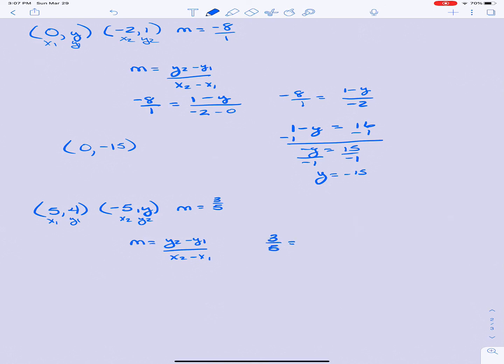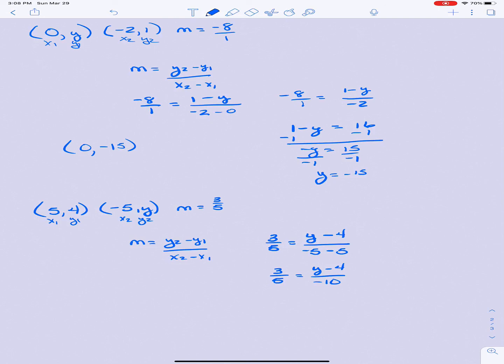3/5 equals y minus 4 over negative 5 minus 5. Okay, so let's do a little bit of math. 3/5 equals y minus 4 over negative 10.